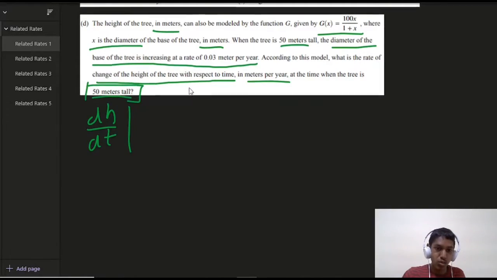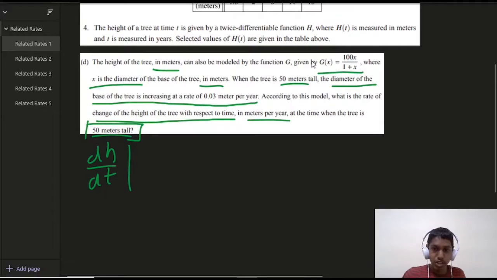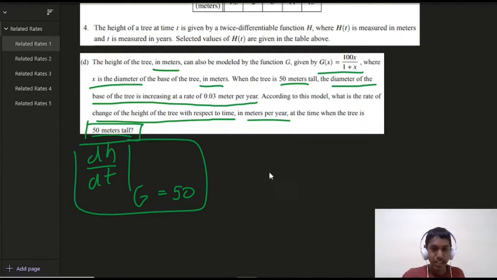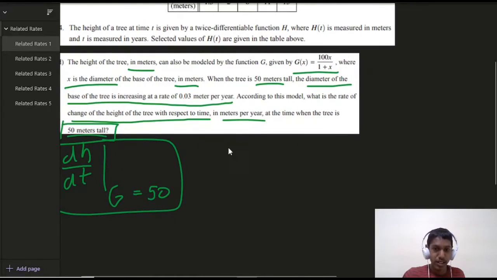tall. Okay, so what determines height? Well, g of x determines height, right? So I'm going to put g equals 50. So this notation means evaluate this derivative at this point. So that's what we want, right? Okay, what do we have now? So we know that our instant that we're looking for is when the tree is 50 meters tall.